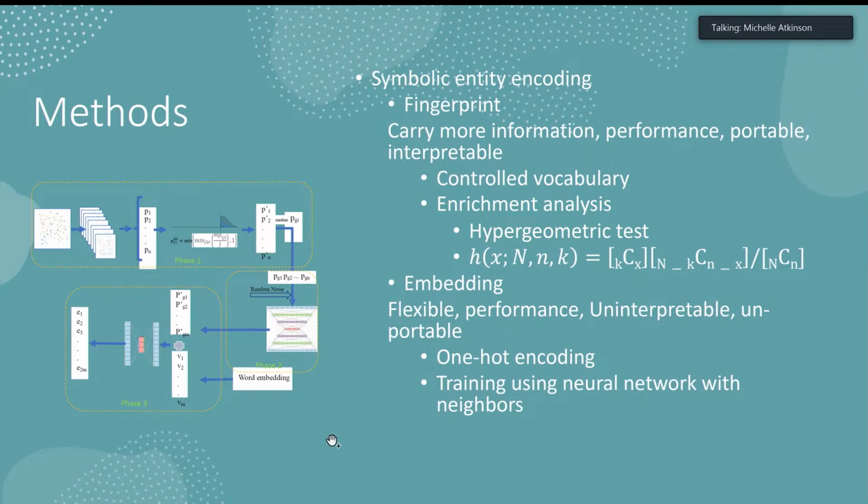In general, we use a symbolic entity encoding that includes a fingerprint part, which extracts information from the literature using controlled vocabulary, and we perform enrichment analysis to build an encoding with the enrichment p-value.